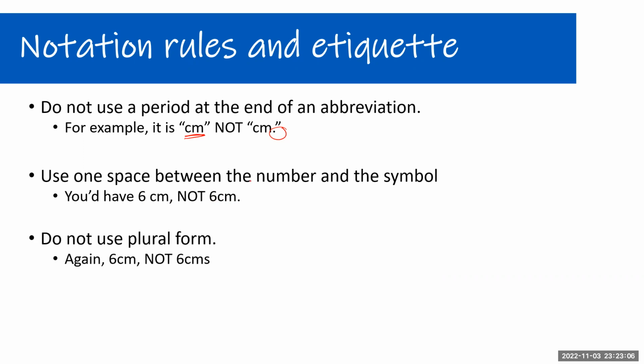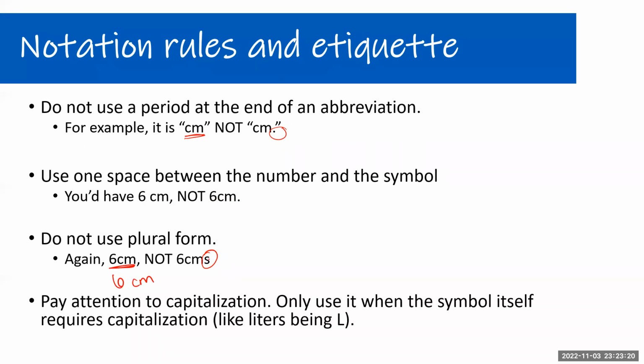We don't want to use plural form, okay? 6 centimeters is just 6 cm. It's not 6 cms. Look, I said just call me out. This should be 6 space cm, okay? Not with the S. And also pay attention to capitalization. It can get tricky because different prefixes have different symbols, and lots of other things with math gets complex.